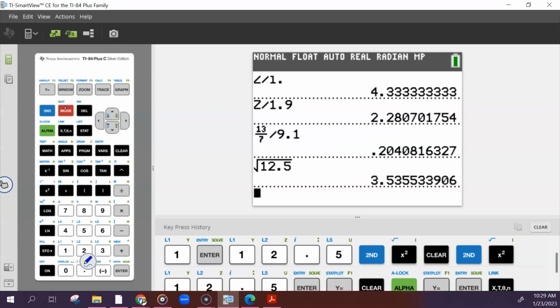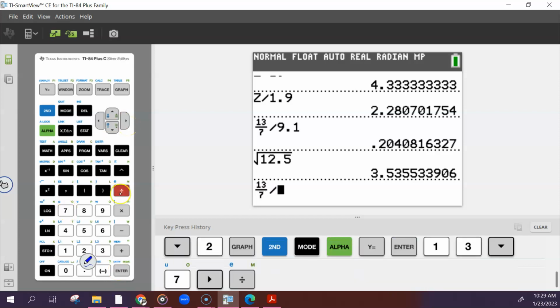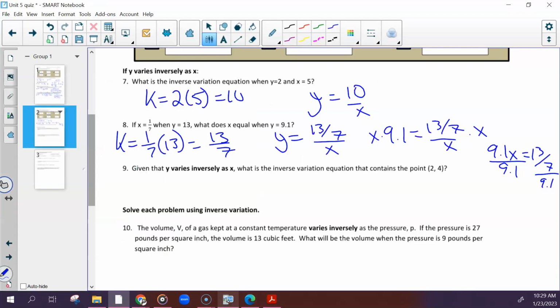If you put it in, and I know it's up here, y equals 13 over 7 x, come out of it, and then divide, you would get that number. So 0.2, 0.204, 0.2041. However many decimals you wanted, as long as you rounded correctly, that was your answer.